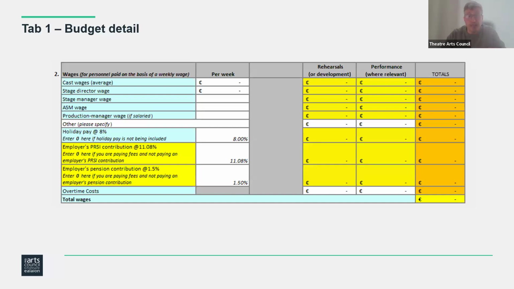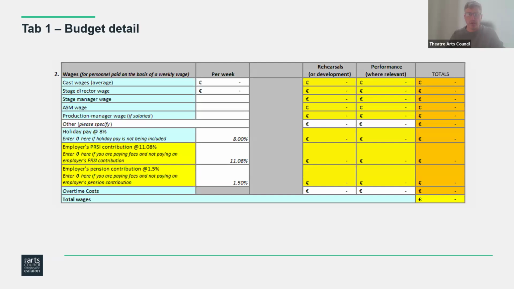And again, if you're doing a strand one or a strand two, particularly a strand two, if you're devising, you might be using different people at different stages of the devising process. So the pay may be different. Depending on which stage you're at in the devising process, you'll probably have to create an average of the wages for that and input it into the per week cell there.